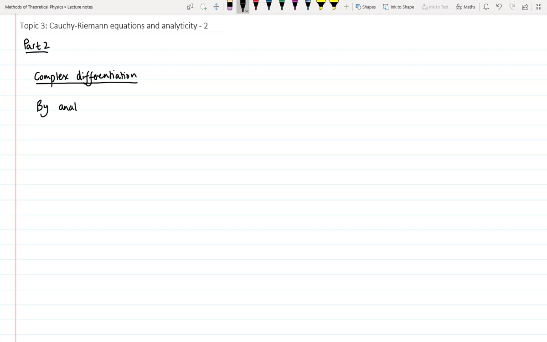By analogy with the real case, we define the derivative of the complex function f of z as, so as before, it's going to be a limit.